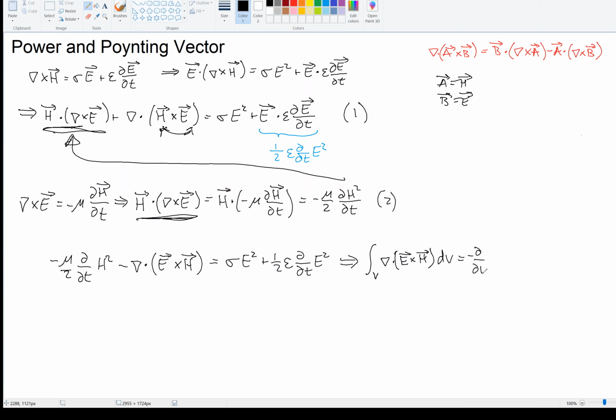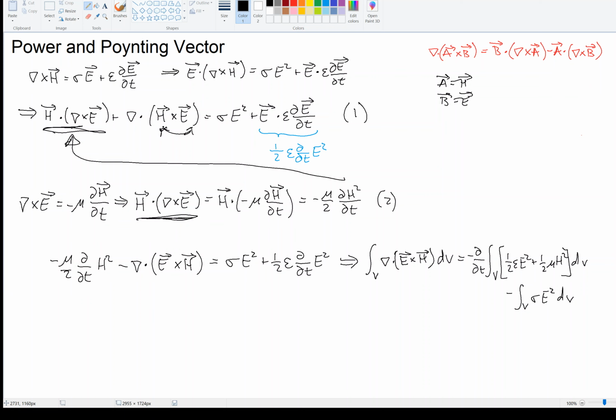This is the time derivative over a volume, 1/2 epsilon E squared plus 1/2 mu H squared dV, and then minus the integral of sigma E squared dV, right? So again, just rearranging that a little bit and then integrating everything over volume.